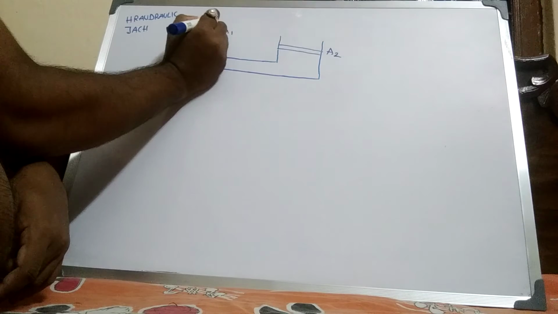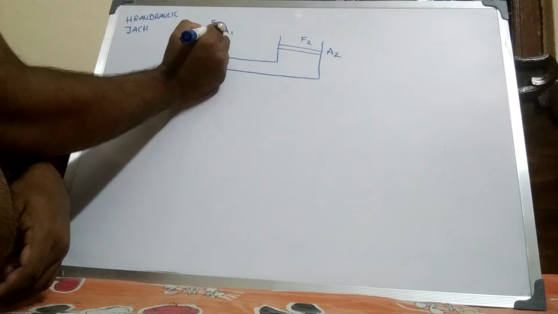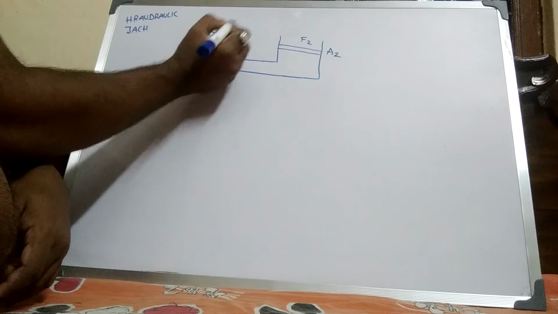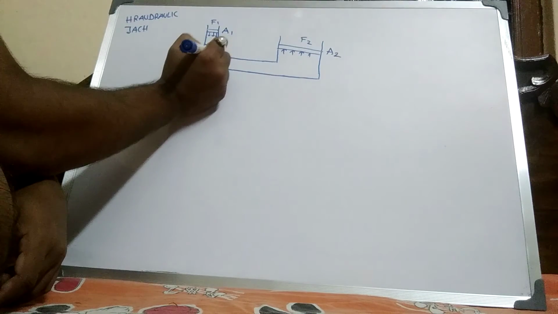Here F1 is the force on the small piston and F2 on the large one. Pressure is always normal to the plane. This is the container.